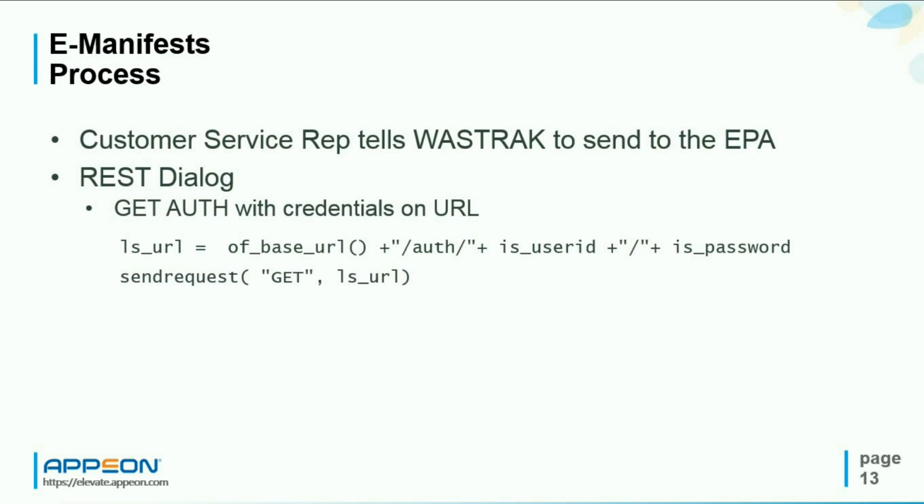In this case, we have an authorization, and we use a user and password. So that creates the entire URL, and the HTTP client then executes a send request with a get method and passes it the URL.